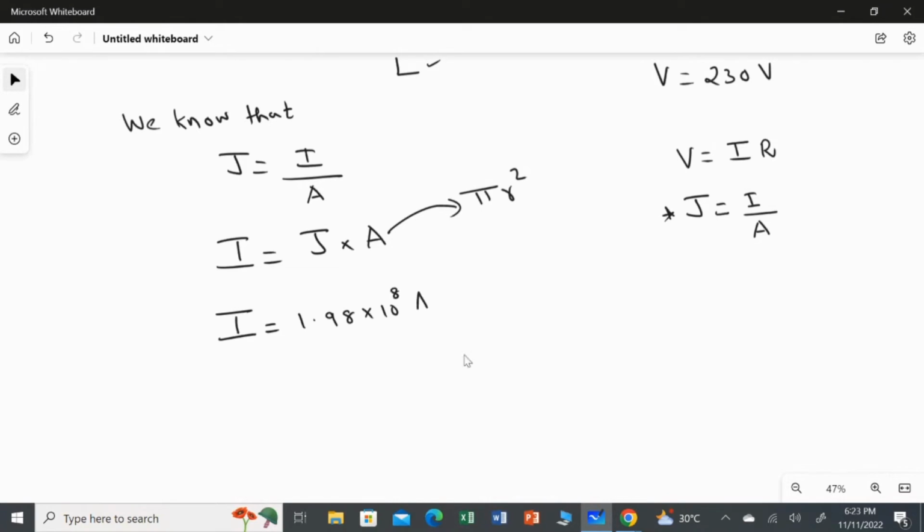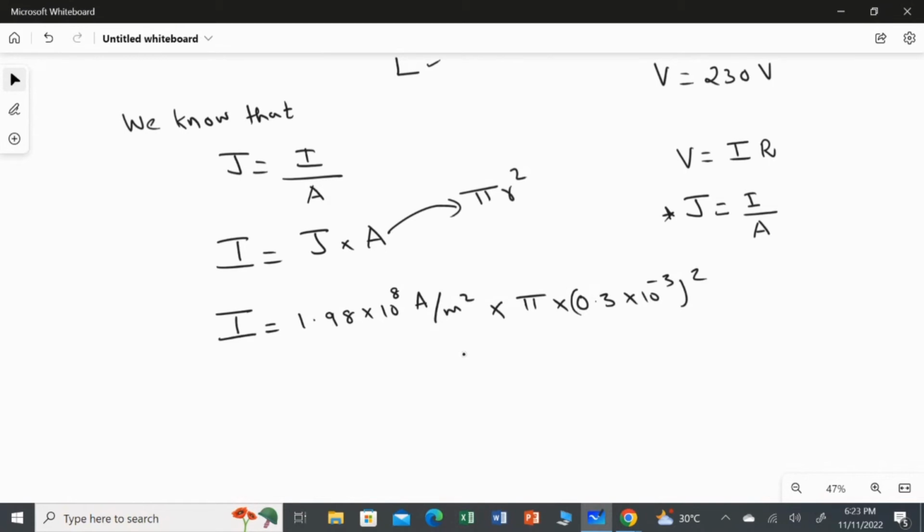Plus 8 ampere over meter square multiplied by pi multiplied by 0.3 multiplied by 10 power minus 3 the whole square. Why did I multiply by 10 power minus 3?